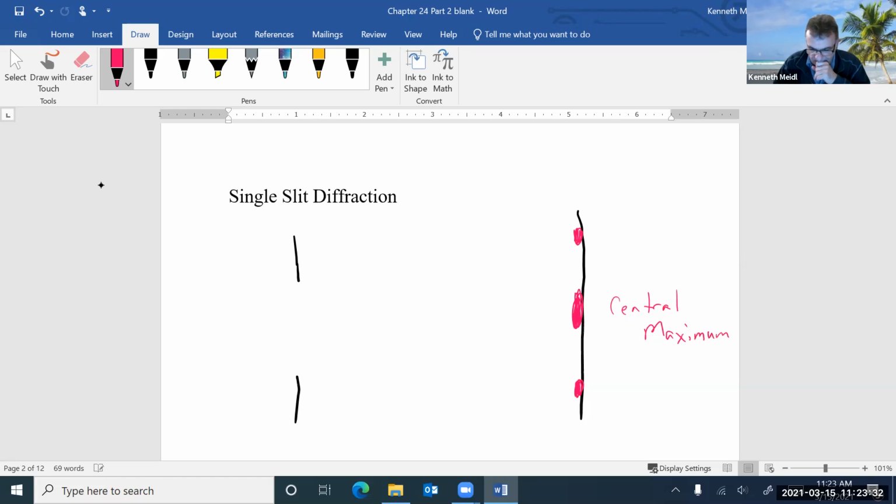It seems odd that light would go through a single opening and still have an interference pattern downstream. You figure, what the heck is going on with something like that?